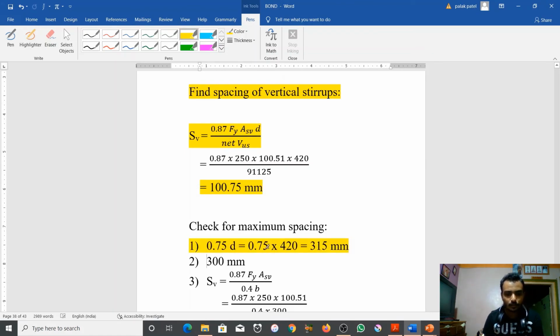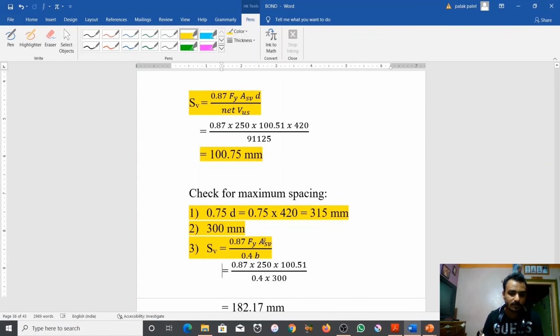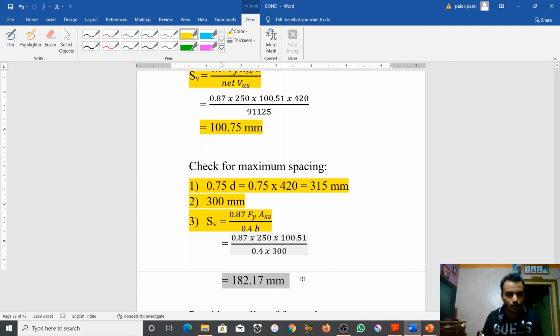So we have to find out these three values: 0.75 d, 300 mm, and Sv is 0.87 fy Asv divided by 0.4 b. So by this equation we have the value 182.70 mm.